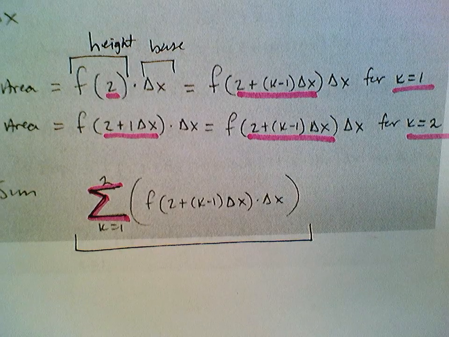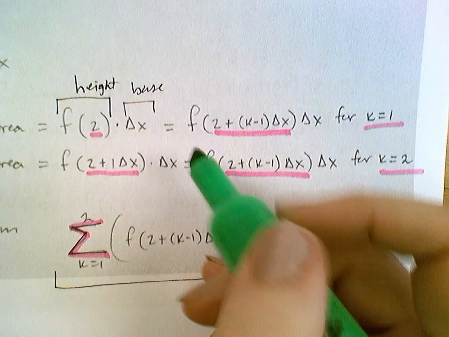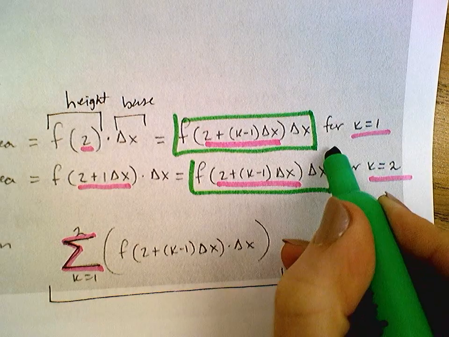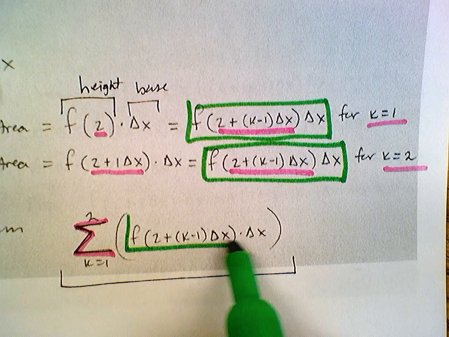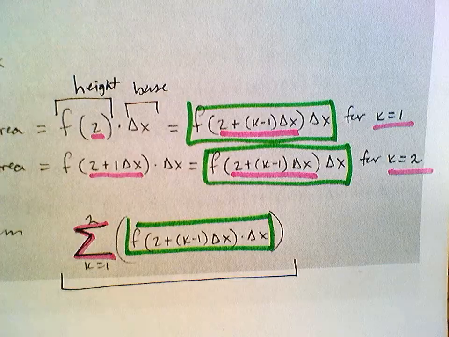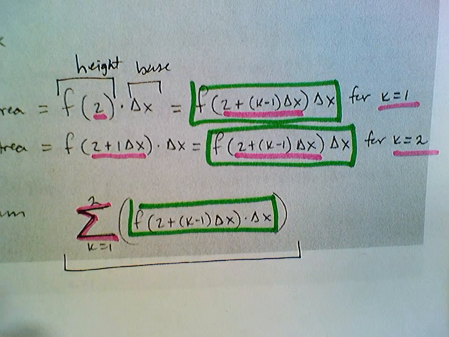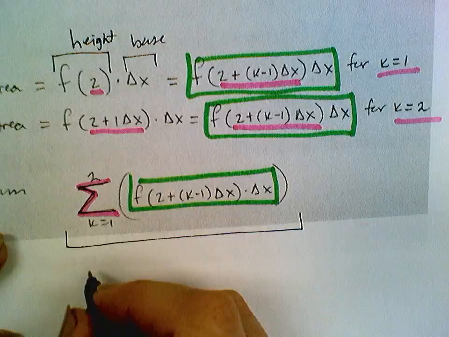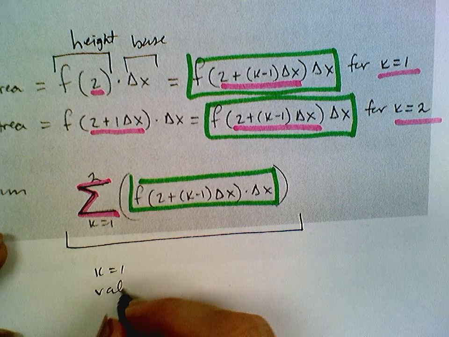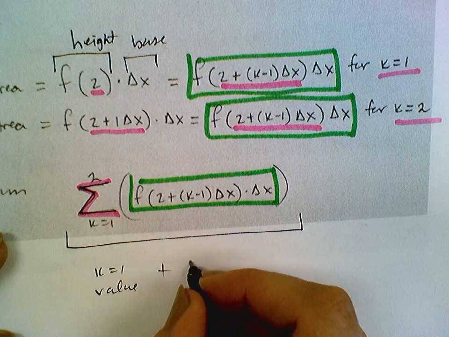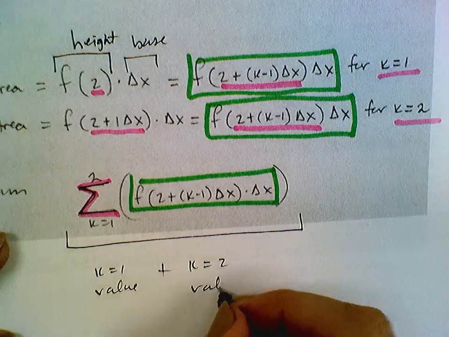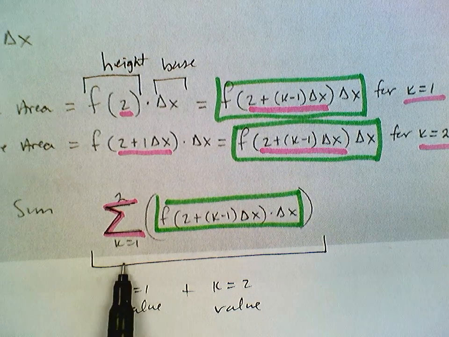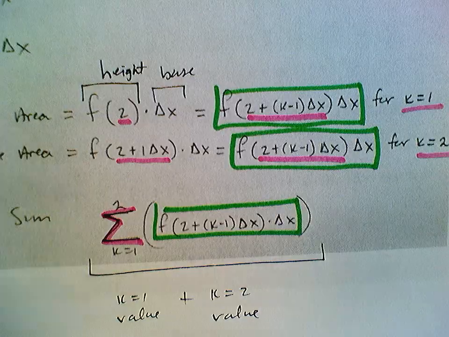I just put this expression inside of the sigma, and what it means is you take the k equals 1 value plus the k equals 2 value. So we start at k equals 1 and go up to k equals 2.